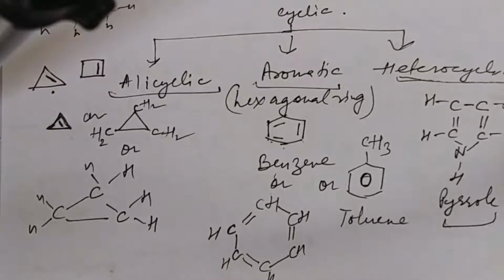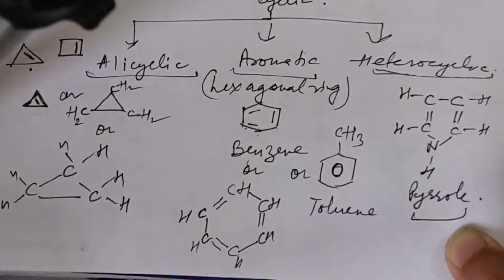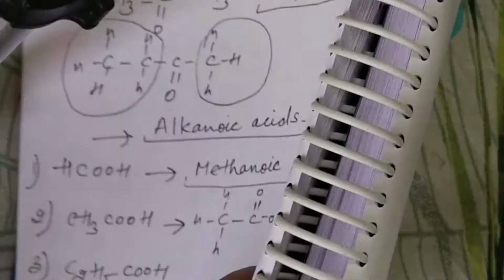So we have gone through a number of families, examples and practice exercises to understand the classification of organic compounds and the nomenclature on the basis of different functional groups. Further, you can find different videos and practice exercises in the description box also.